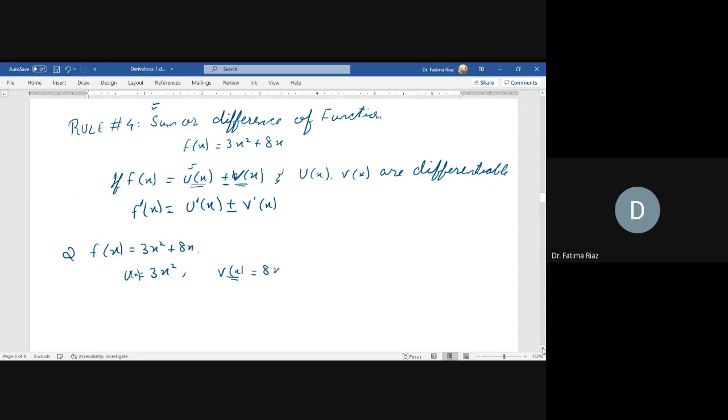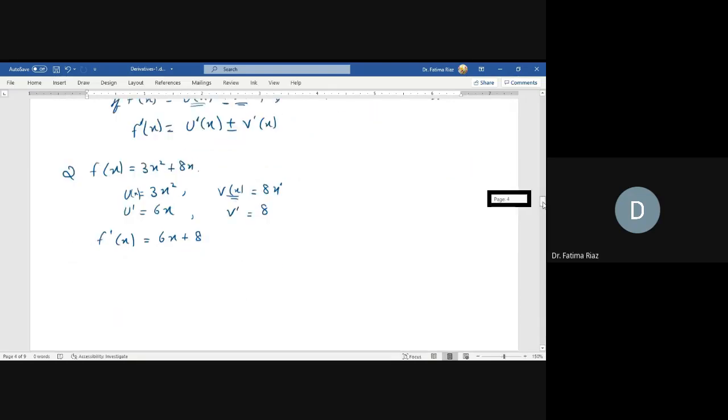So u dash is 3 into 2, 6x. Since this is x squared, 2 minus 1 is 1, that's why it is 1. V prime x is equals to just 8. Why? Because power is 1, 8 into 1 is 8, and 1 minus 1 is 0. So now my f prime x is equals to 6x plus 8. So hope you understand that you can take the derivatives of individual terms.